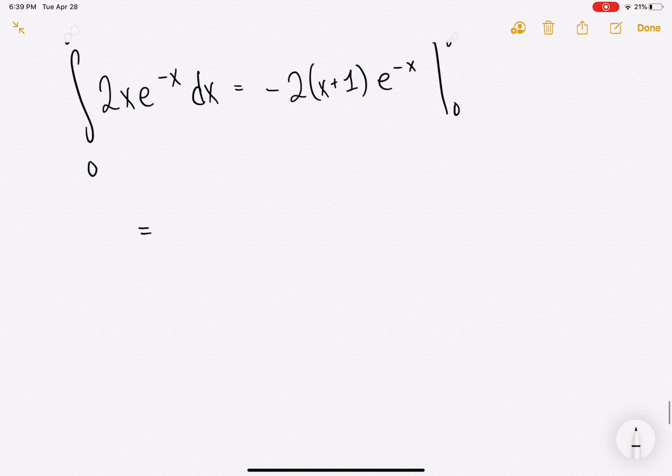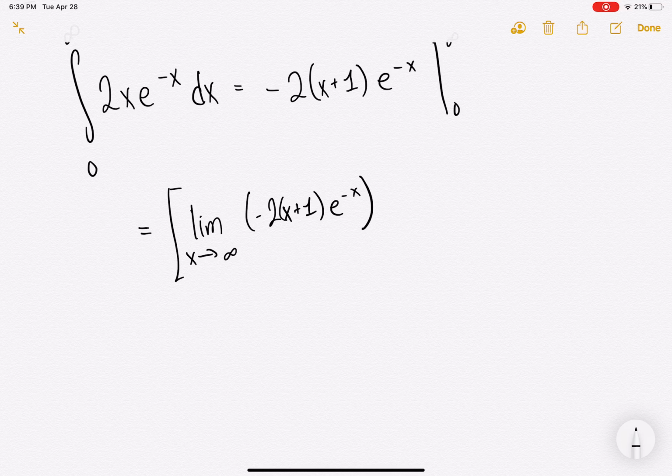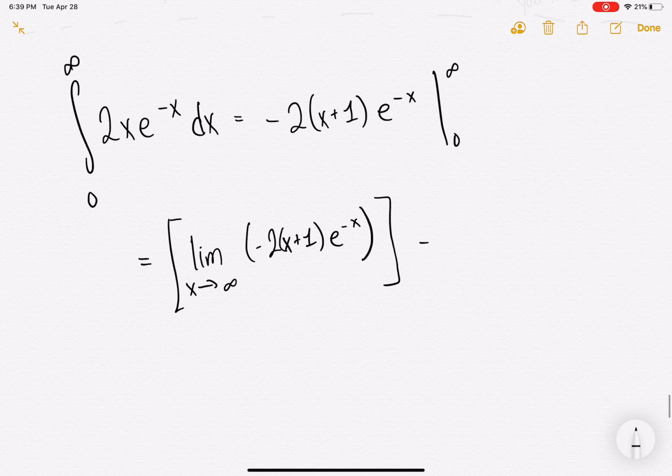And so this is just like before, the limit as x goes to positive infinity of negative 2 times x plus 1 times e to the minus x, minus doing everything at 0, which is negative 2 times 0 plus 1 times e to the negative 0.